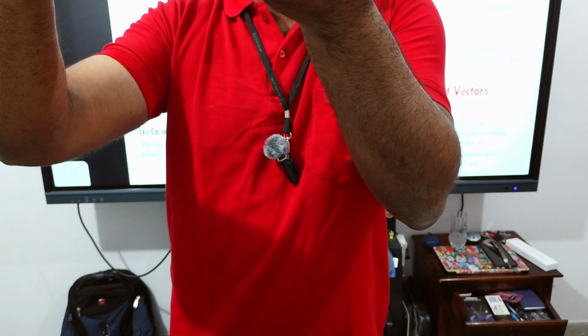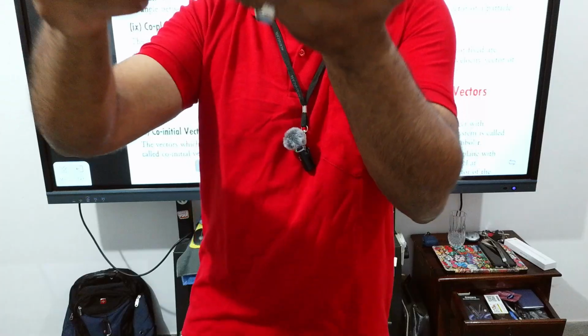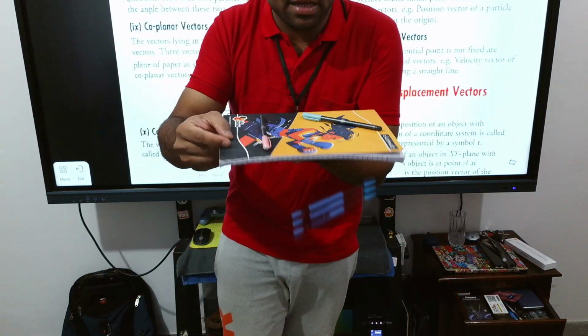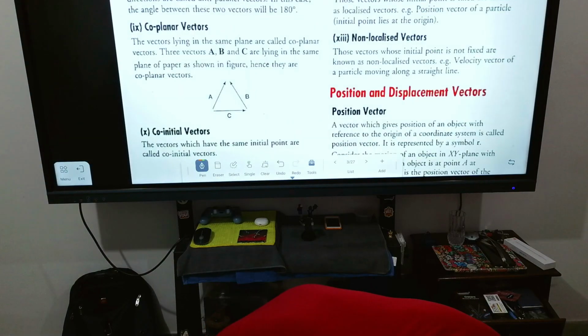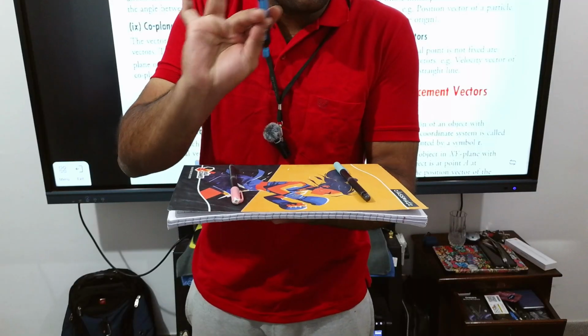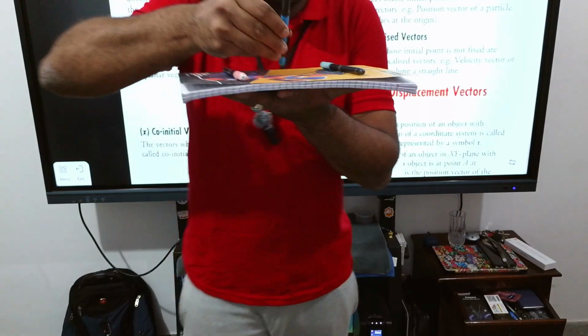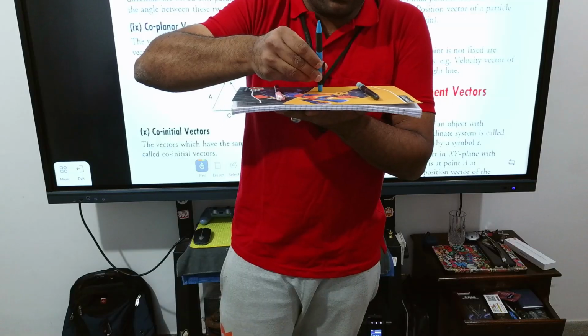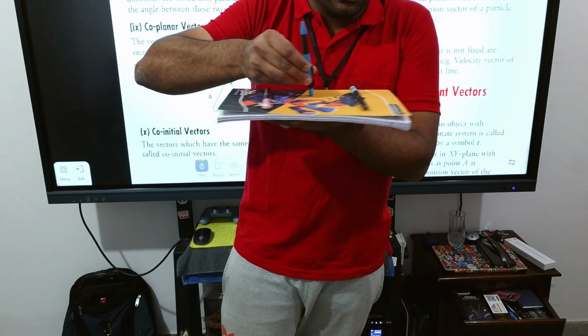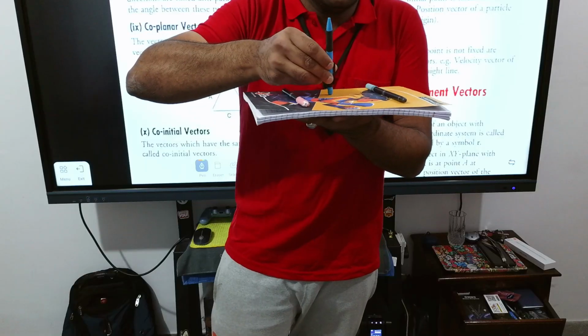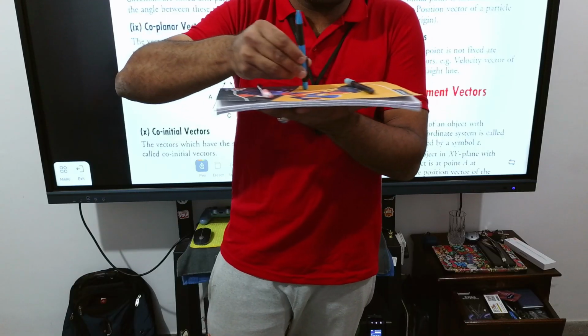All three vectors are lying on the same plane. Oh my god, it just keeps falling. Now non-coplanar vectors will look like this, like one vector is in the other direction compared to the rest. These are called non-coplanar vectors. Understood?